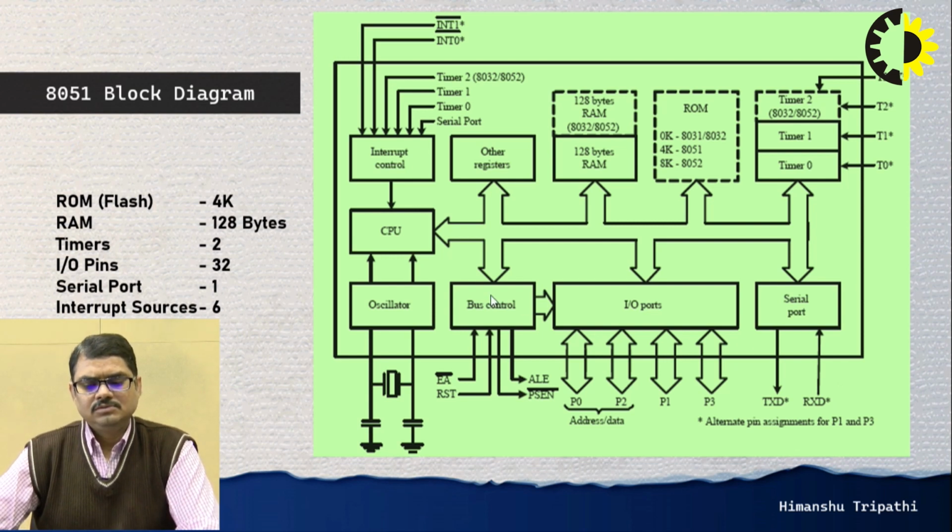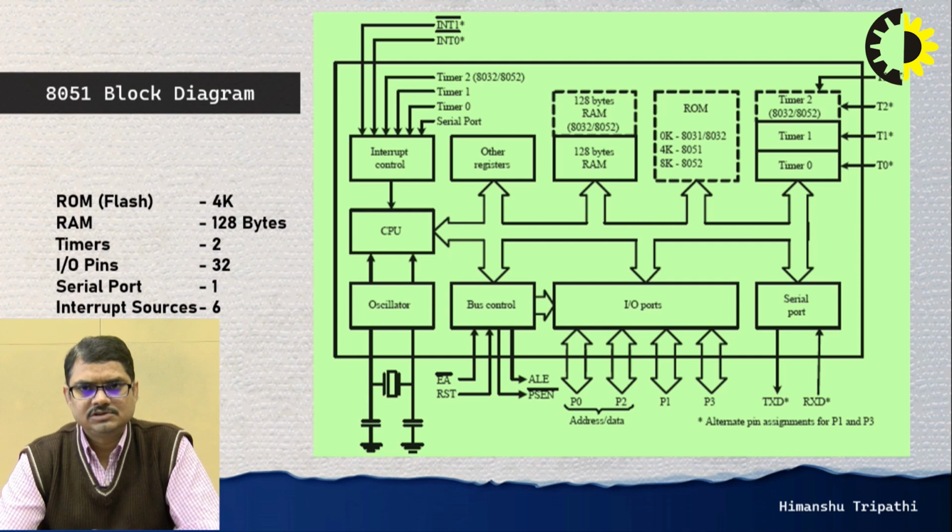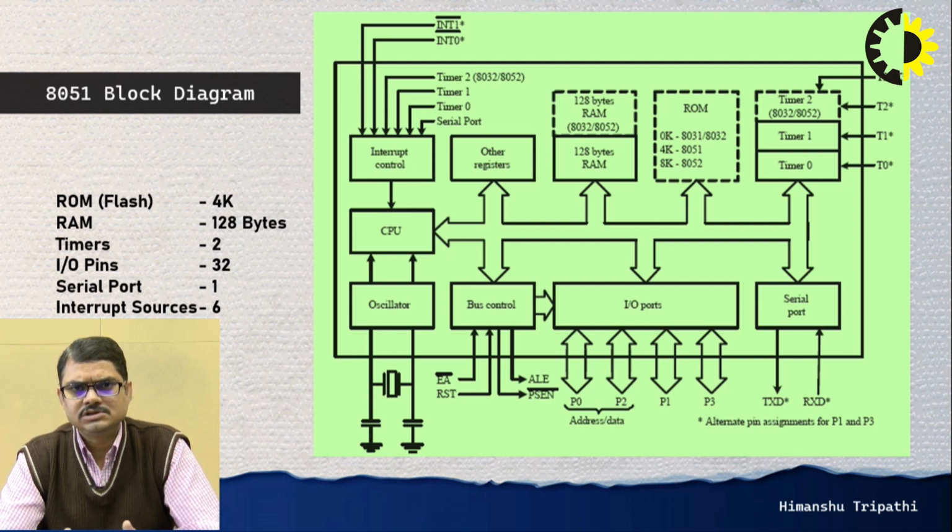As we all know, our microcontroller serves as a single chip computer, so we may easily interface additional devices or external peripherals to our microcontroller. These peripheral connections require input or output ports. So in the 8051 microcontroller, or in case you are working with the 8052, we have 32 general purpose input output lines.